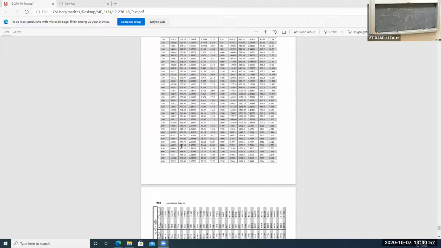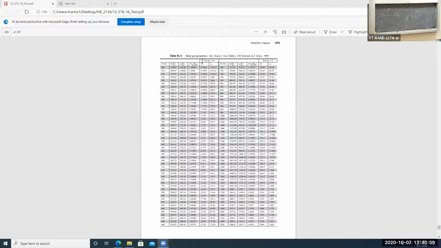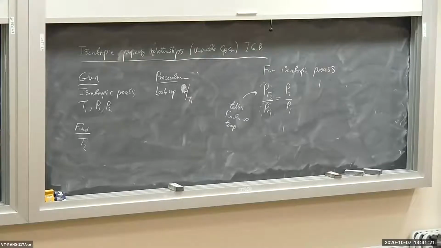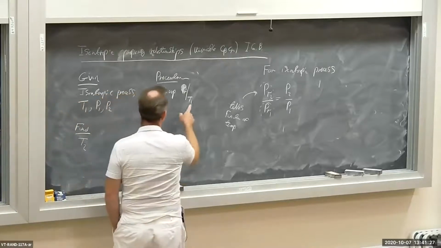So here we have IGB tables for air, h, u, s naught, as a function of temperature, and reduced pressure, PR, as a function of temperature. So if you have T1, you would find PR1 by finding the temperature and then going over horizontally to get PR. Maybe you have to interpolate, who knows? So look up PR evaluated at T1.